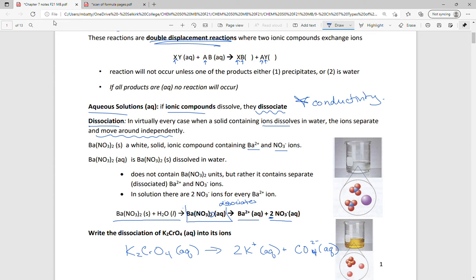And really what we're showing here is not how things dissolve, but how they dissociate, because dissolving and dissociating are different. As a reminder, covalent compounds can dissolve like sugar, but they don't dissociate. And so in these ionic compounds, that's what we're talking about with these aqueous solutions and these double displacement reactions.